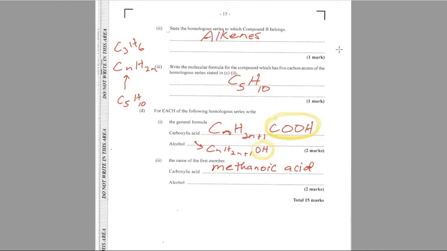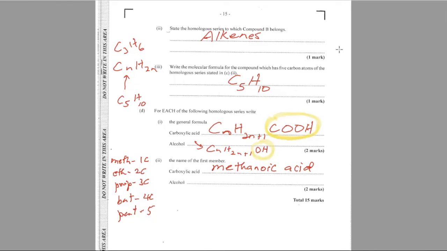So let's just jot that down in the corner here. Meth means 1 C, eth means 2 C, prop 3 C's, but 4 C's, pent 5 C's, and so on. So it's the prefix plus the last part of the name. So in this case, it's meth plus anoic acid.